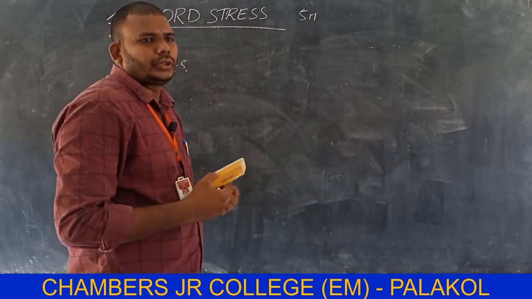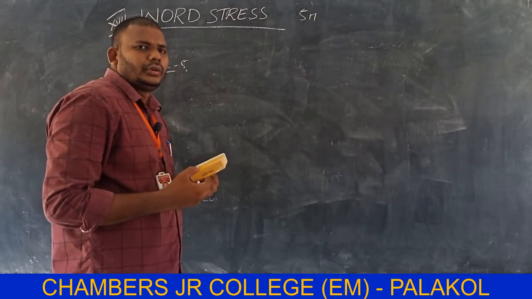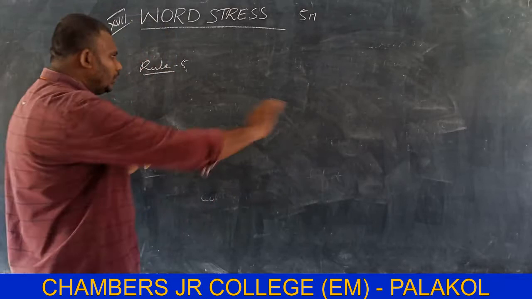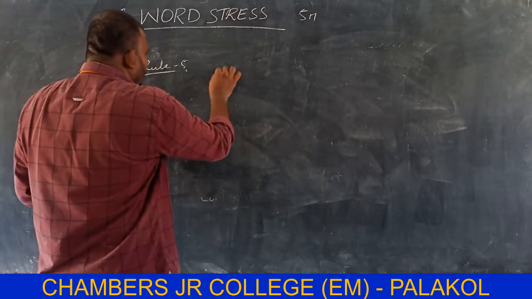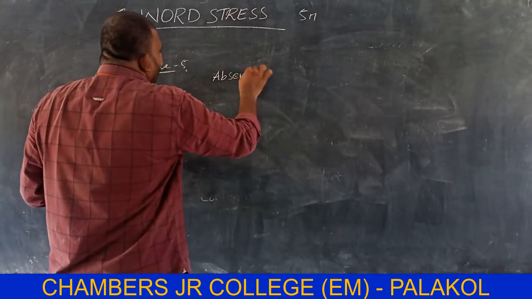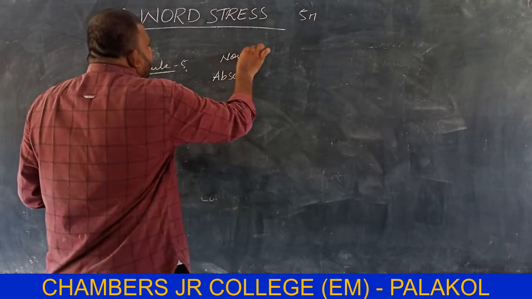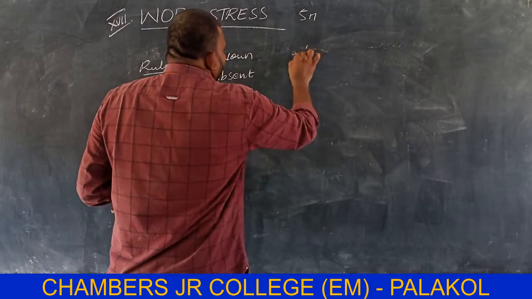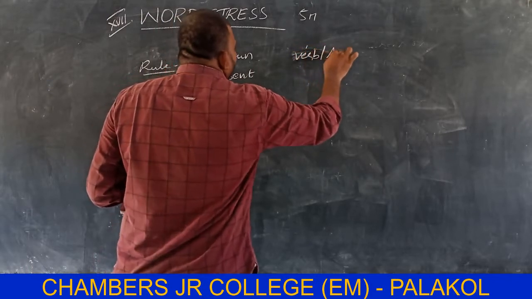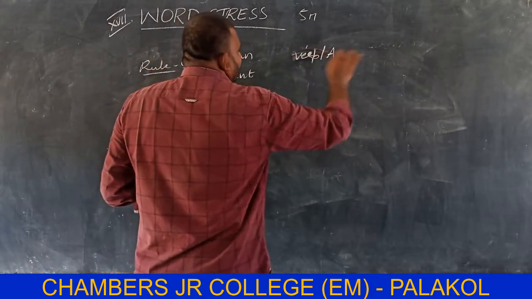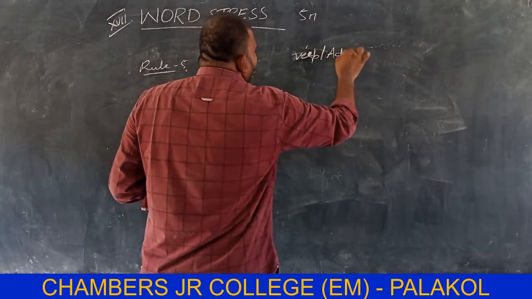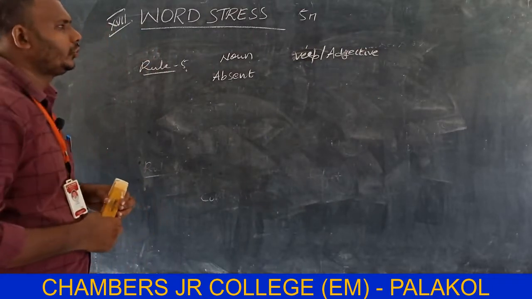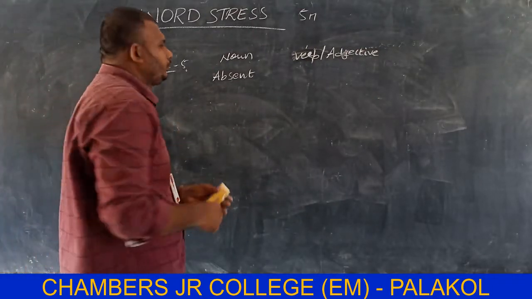And where can we put the stress when we have the same kind of words? Let us see the list of the words here. Noun, verb or adjective. I am writing clearly. You can note for your convenience. The same word is used sometimes as a noun or a verb.